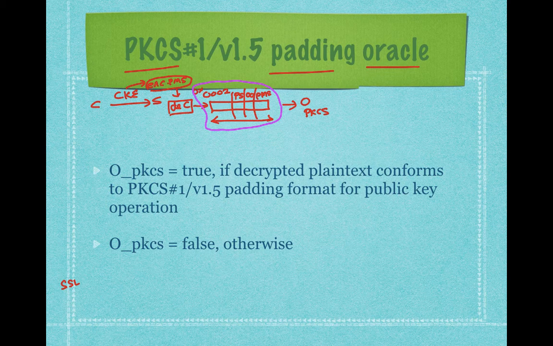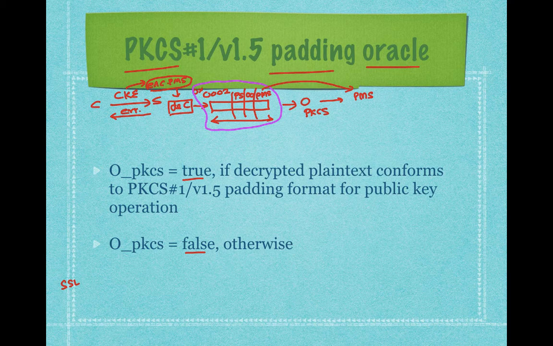If it is compliant, it will return a true value. Otherwise, it will return a false value. If it is compliant, then the server will go ahead and try to extract the PMS and proceed further. If it is false, then the server will straight away send an error message, that is a padding error. So this is roughly how it works in SSL/TLS.